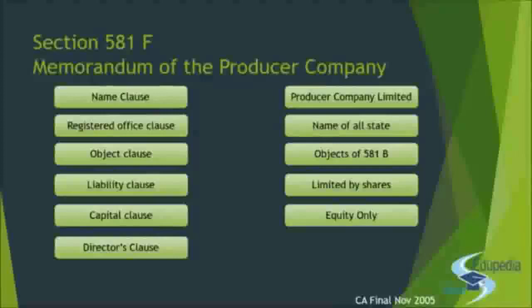And these subscribers, who are the producers in the first case, shall be elected as the first directors of the producer company. So in the directors clause, you write down the names of the subscribers of the memorandum, who are the producers actually, and then you give out the details like their name, address, occupation, etc.